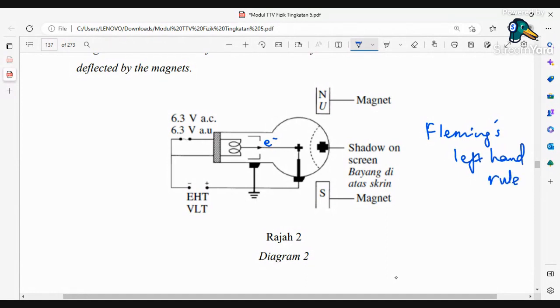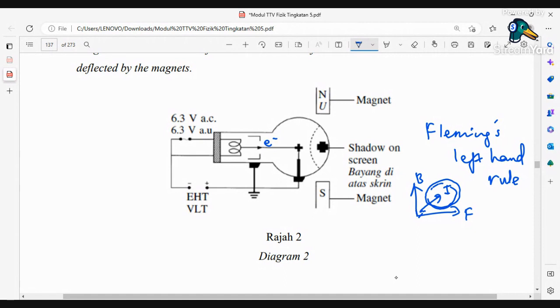But remember, for Fleming's left-hand rule, FBI, the direction for the centre finger actually represents current.